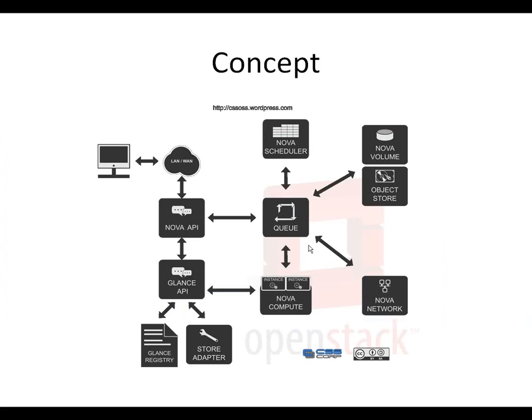You would say Windows, then put Windows over there, and then provide the network using Nova network. Now it is called Neutron. So you get the connectivity to the instance. Now you give the public IP to the end user. Now you have spun up a VM. This is all done through a queue. This is the core component of OpenStack.